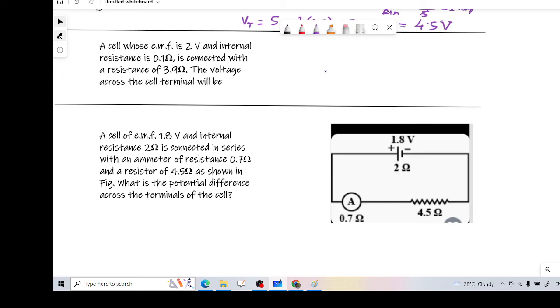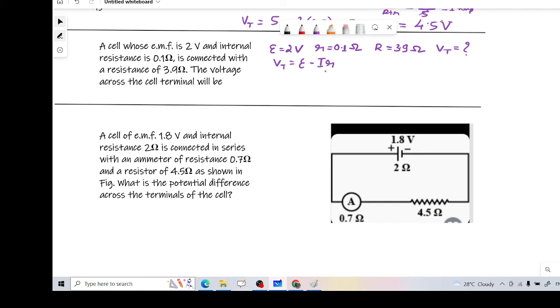So the cell whose EMF is given as 2 volt and internal resistance is 0.1 ohm is connected to an external resistance, that is 3.9 ohm. They have asked us to calculate the terminal voltage. So we know the formula for terminal voltage is E minus Ir.